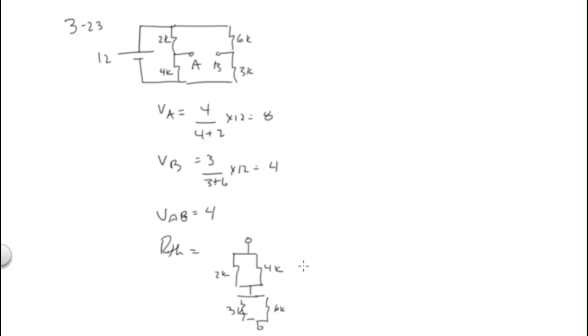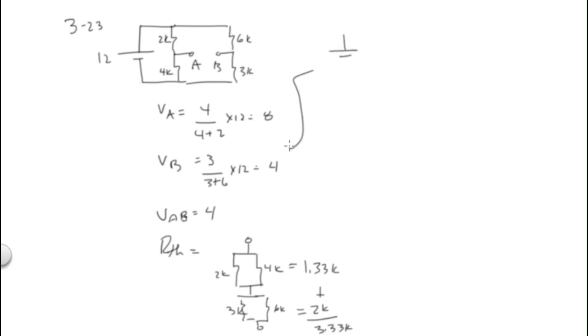What is the 2 times 4? That's 8 divided by 6, or 1.33K. So this is equal to 1.33K. What is the resistance here? It is 3 and 6. That's 18 over 9, or 2K. And you add these two together, so it's 3.33K.